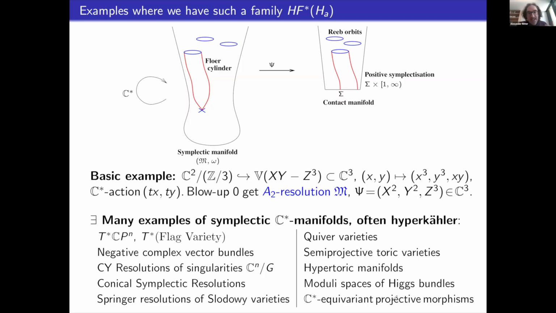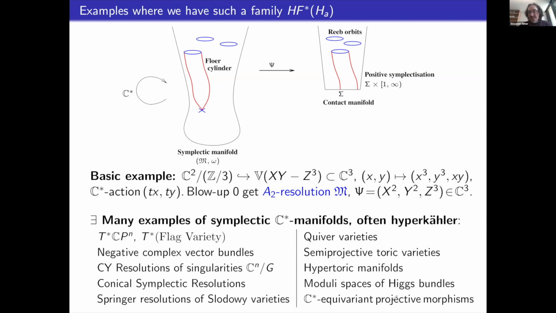These are complex symplectic varieties that are studied a lot at the moment in representation theory. Then some classical examples that are called Springer resolutions of Floer varieties. Amongst the conical symplectic resolutions is maybe this more familiar class of examples you might have heard of, which are quiver varieties. And then in toric geometry, you have essentially non-compact toric varieties.